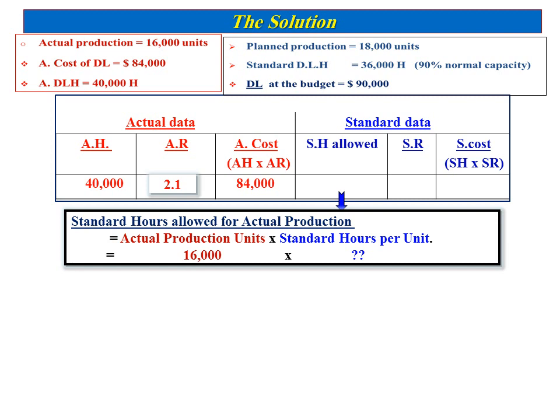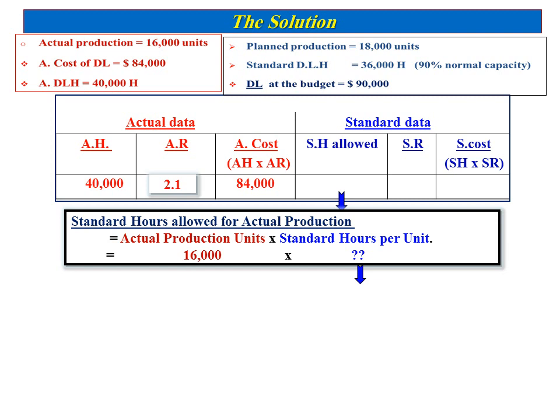If you go to the standard information, you don't have directly the standard hours per unit. You have budget. So you will use the budget information to calculate standard hours per unit. From your information of the budget here in this slide at the right side, you will find planned production and standard direct labor hours.